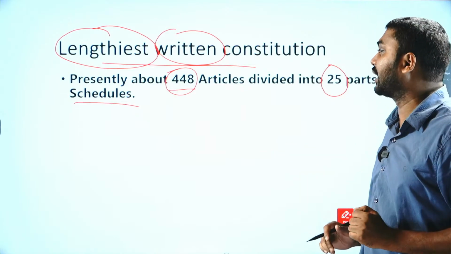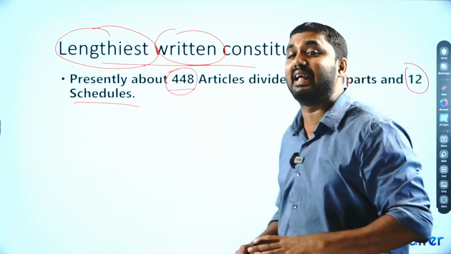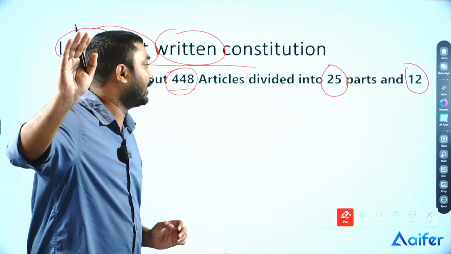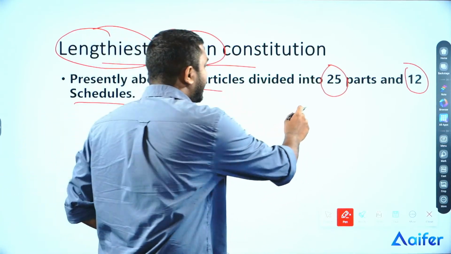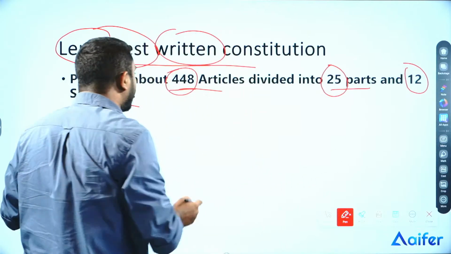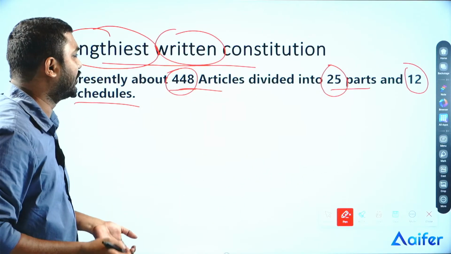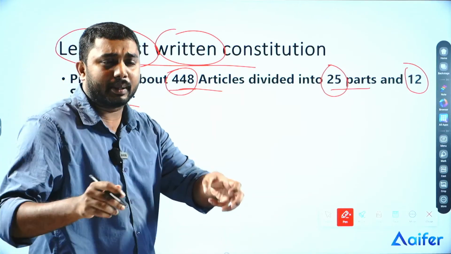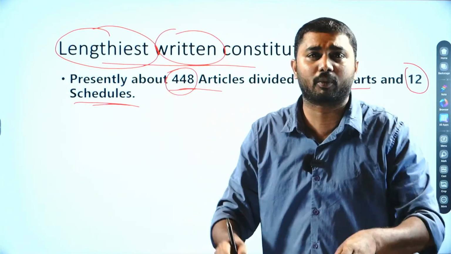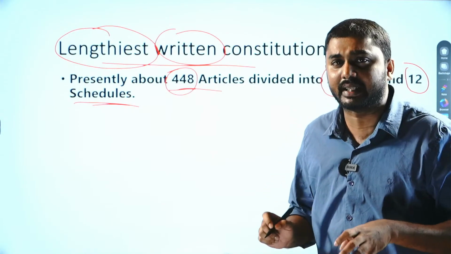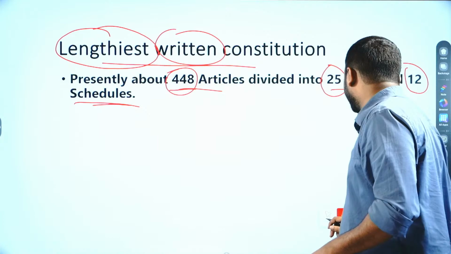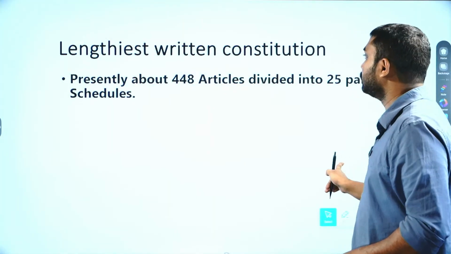So here we have to understand that now we have the lengthiest written constitution, with 448 articles divided into 25 parts and 12 schedules. These numbers we must keep in our mind while writing the examination. Then we can move to the next one.